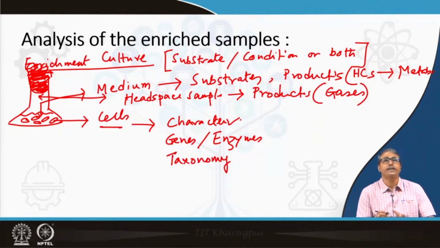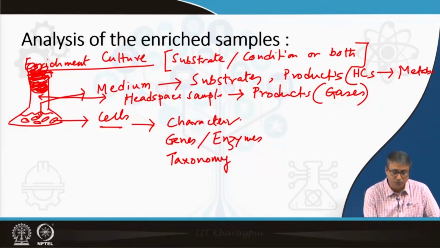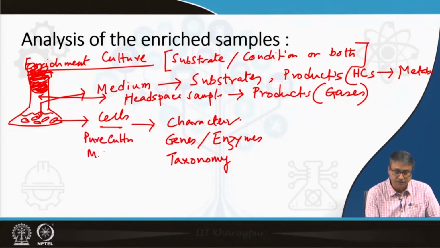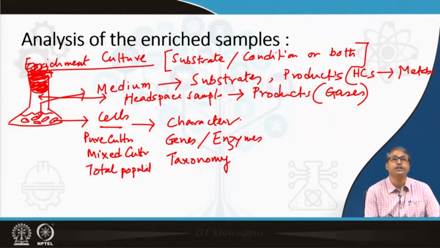So, when we characterize the cells, we may not be able to isolate individual cells. Sometimes it is the pure culture that we get, sometimes it is a mixed culture, but sometimes it is the total population which is enriched.